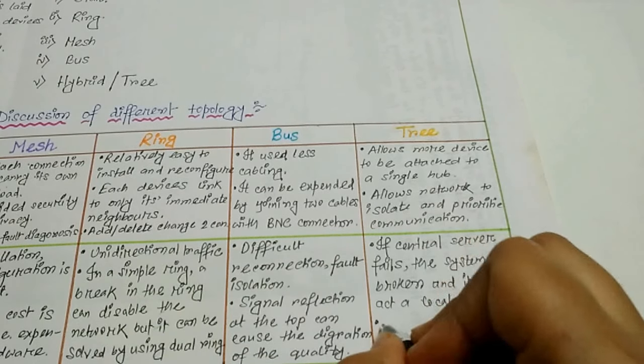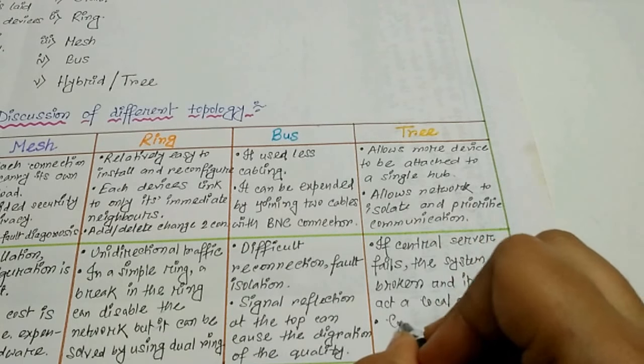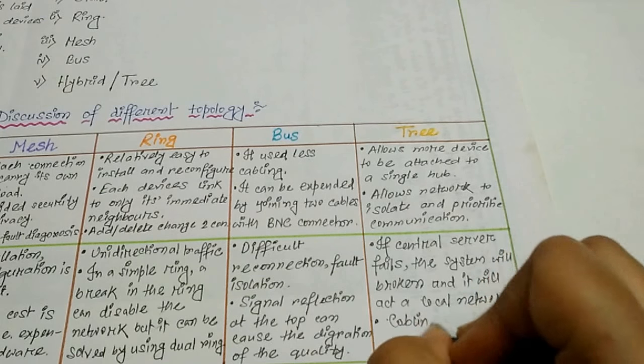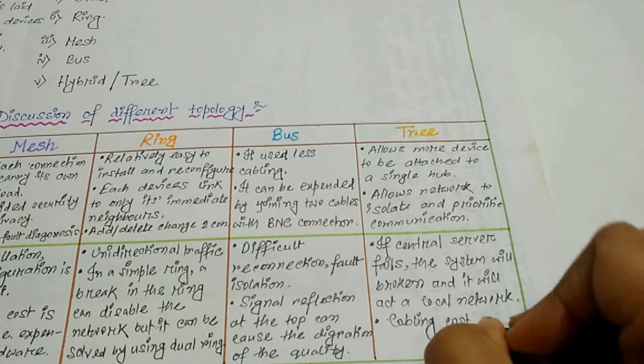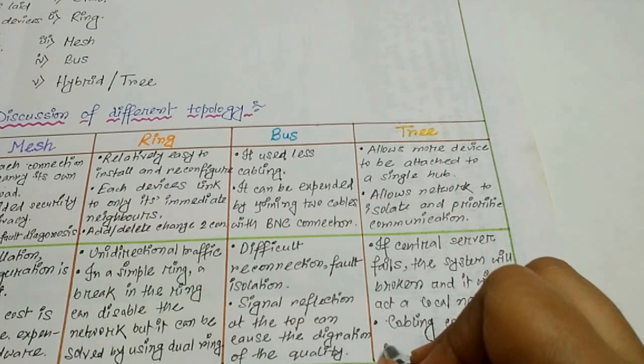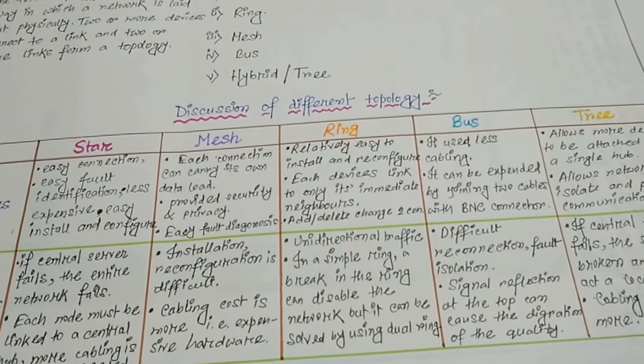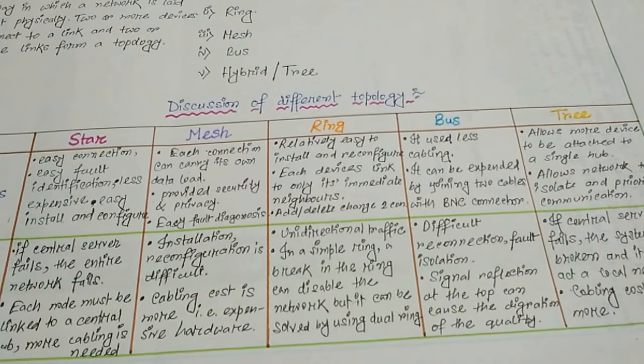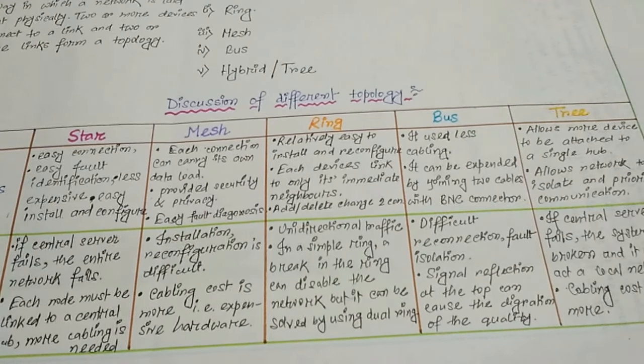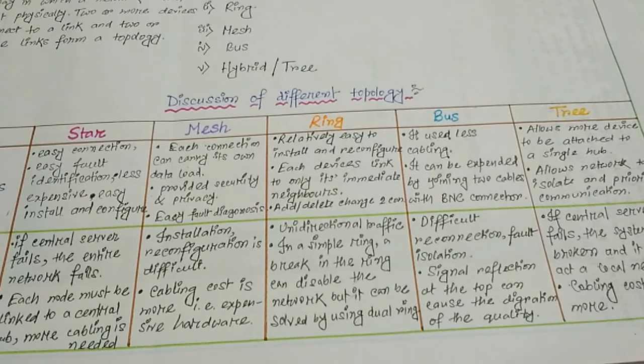And cabling cost is more. So these are all the advantages and disadvantages of the five topologies.